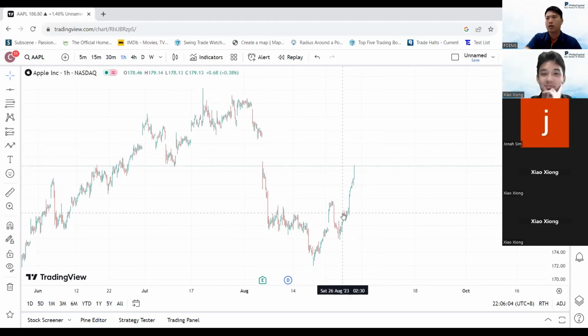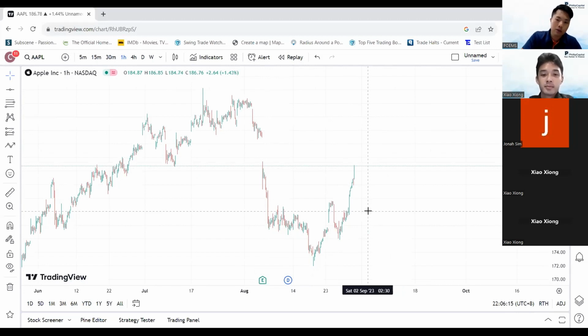This is also because, literally about an hour ago, there was a release of the ADP non-farm. The ADP non-farm actually dropped lower than expected, if I'm not wrong. So generally, when there are fewer jobs, the potential demand drops lower.